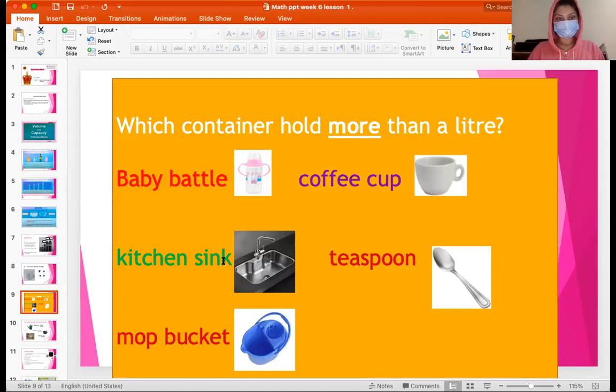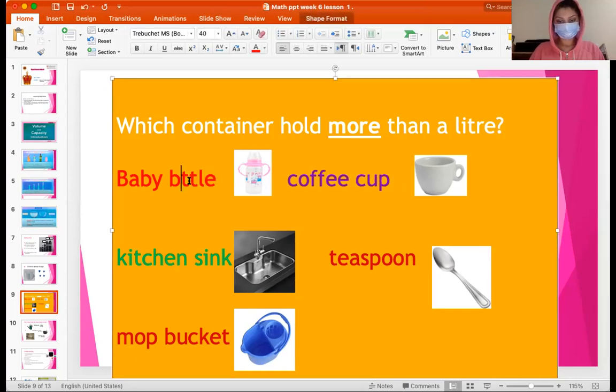Some other containers like baby bottle, coffee cup, kitchen sink, teaspoon, mop bucket. Which container holds more than 1 liter? Baby bottle. Holds more than 1 liter or less.